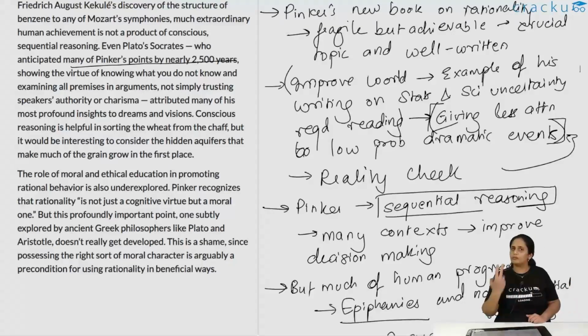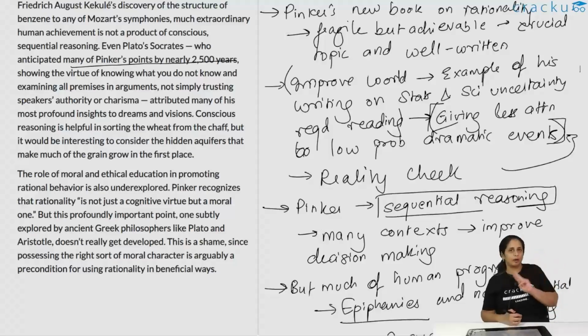And he has two main problems with Pinker's book. The first problem is that he does not believe sequential reasoning is the source of human progress. He believes that inspiration and creativity are where ideas are generated, and Pinker doesn't really consider that. Pinker considers that through sequential reasoning we will make better decisions and we will progress as a humanity, and the author does not agree with that.